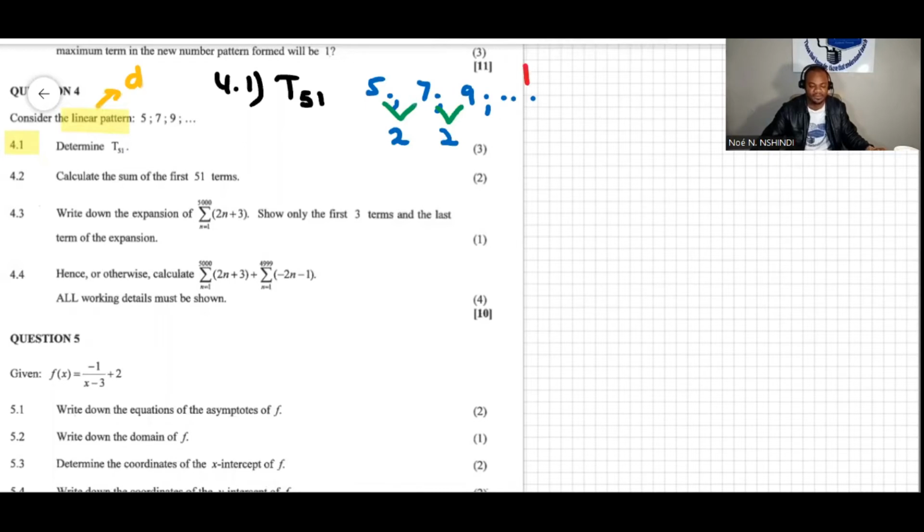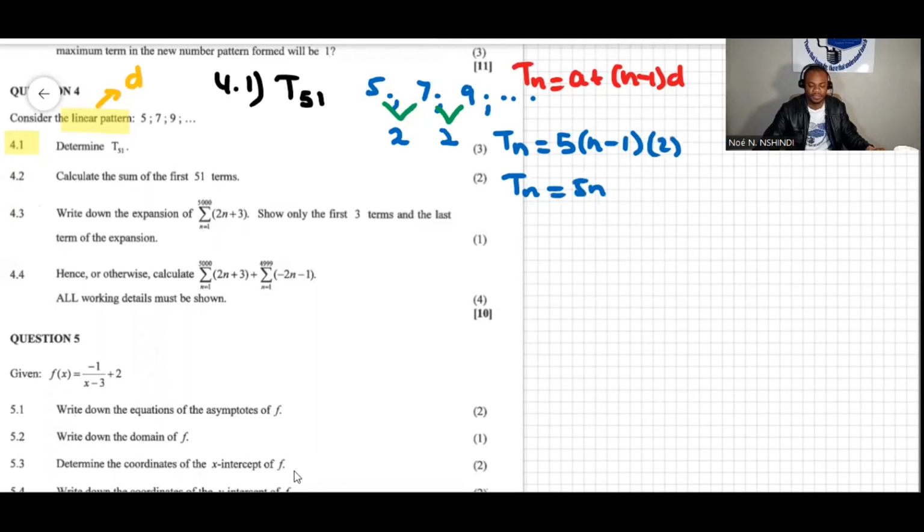The linear pattern itself is given by Tn equal to a plus open bracket n minus 1 times d. Then we can substitute: Tn equals a, the first term, which is 5, plus open bracket n minus 1 times the constant difference, which is 2.